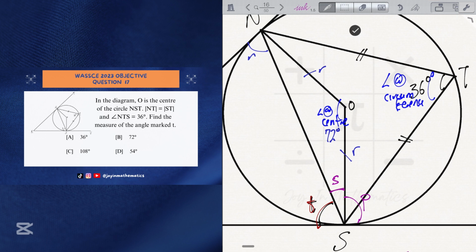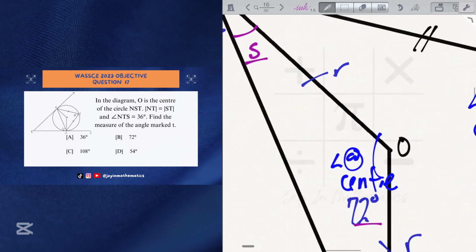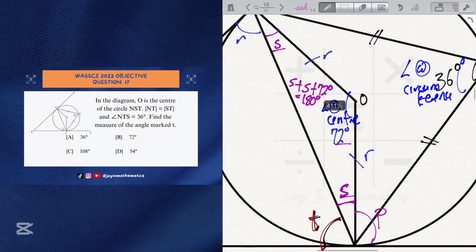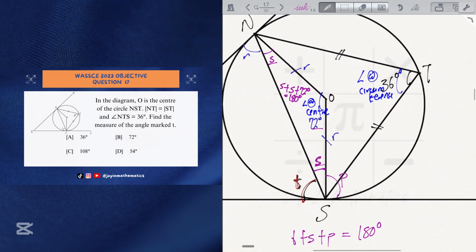So we are saying this is S, and similarly this is S. So with this, we can evaluate S by saying that S plus 72 degrees plus S is equals to 180 degrees. And the reason is sum of angles in a triangle.